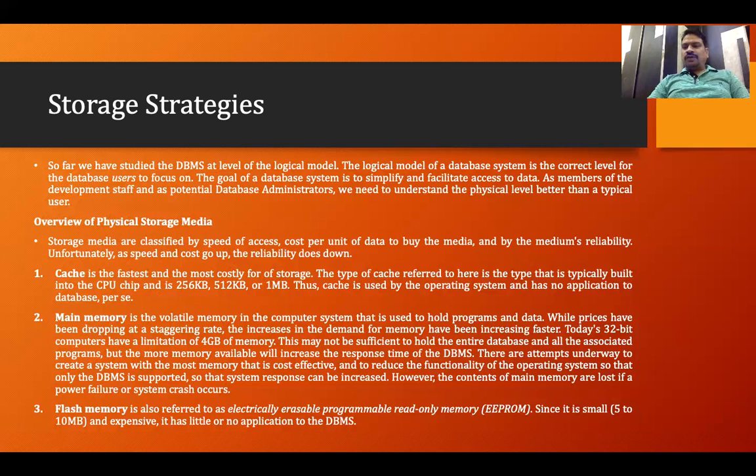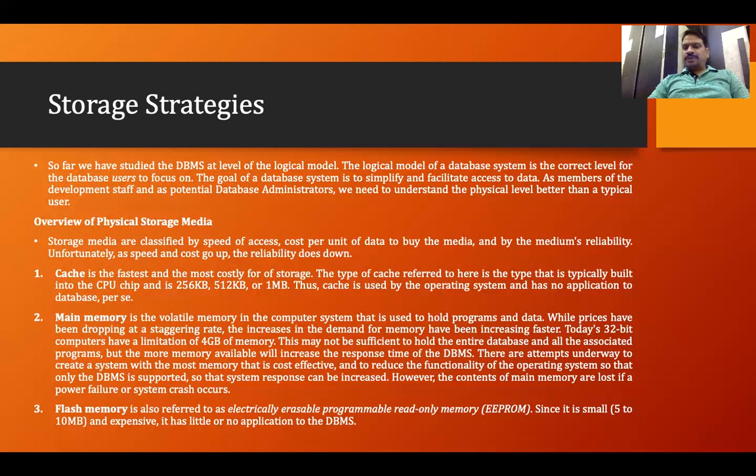If we always connect the flash memory with the system, yes, we can use it for the database management system to store the data, because the data will be available even though the power is not there. But can we really use it for the database management system? The answer is maybe.